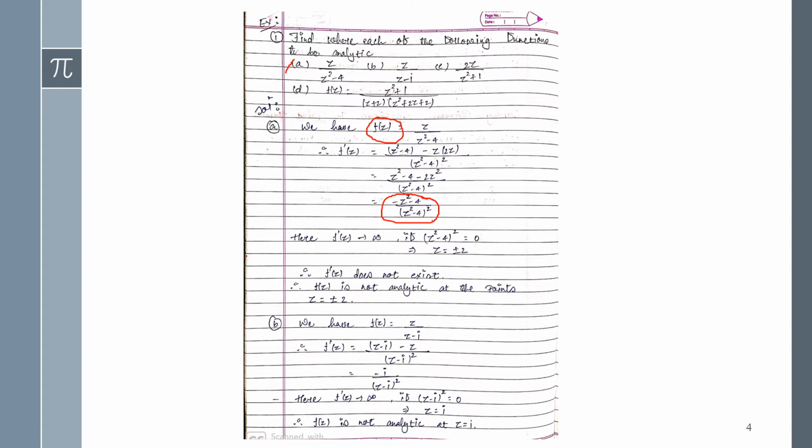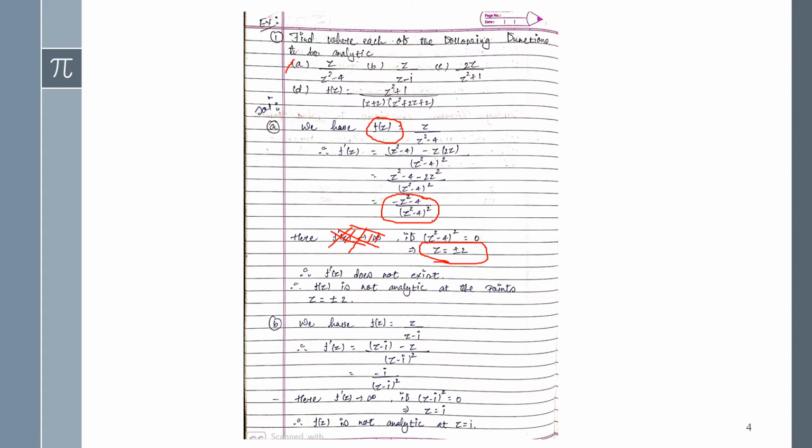Don't get distracted by the numerator, there is no need to go into that. So z square minus 4 whole square equals 0, and by solving this equation you will find the values of z: z equals plus or minus 2. So f dash of z does not exist.